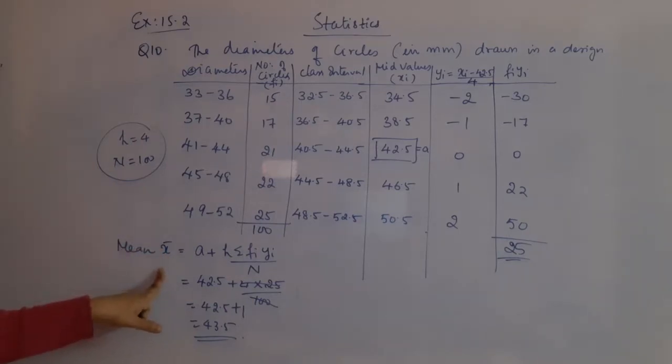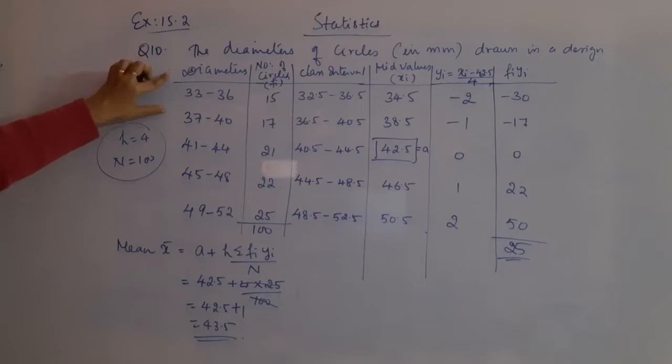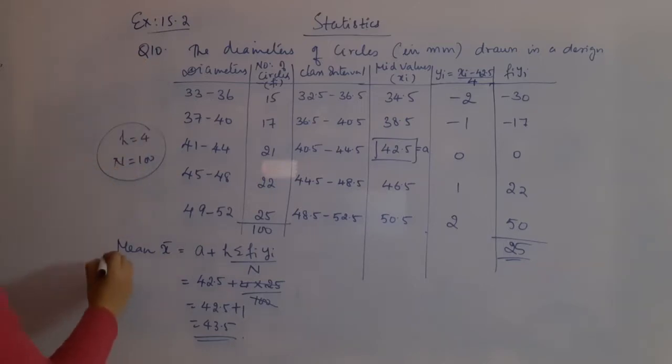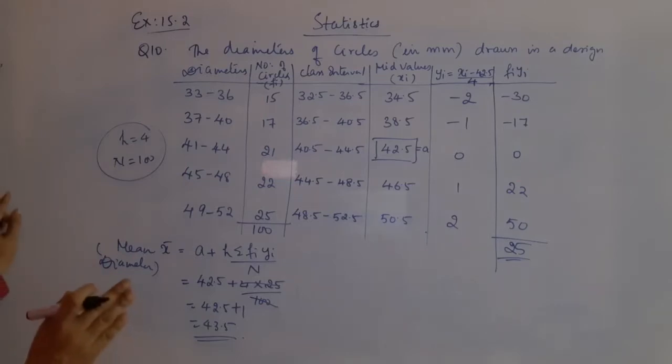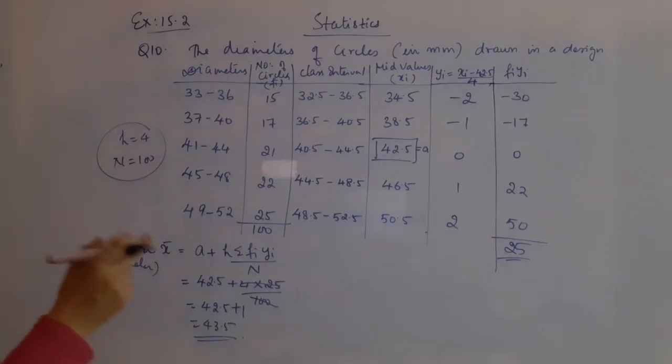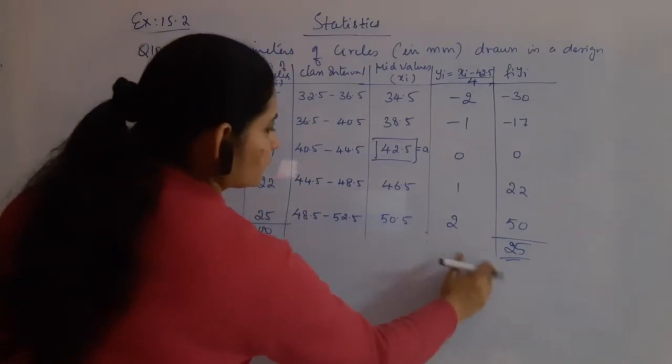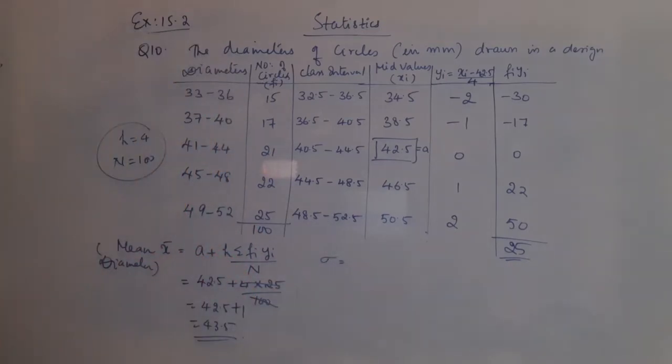Now you need sigma square or variance. Calculate the standard deviation and mean diameter. Whatever they are saying, mean diameter is same as mean. So mean diameter is this one and standard deviation is sigma, that is the square root of whatever you are getting for the variance. Okay. So first thing which we have to do is write the formula.